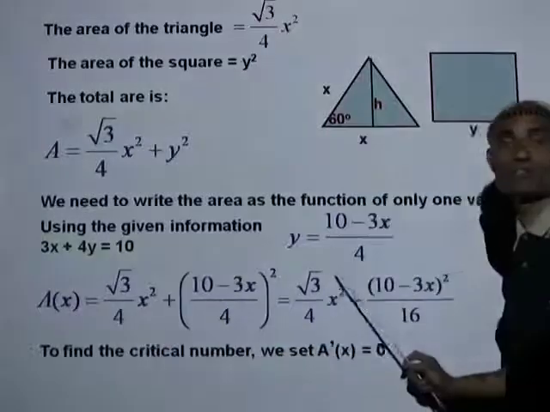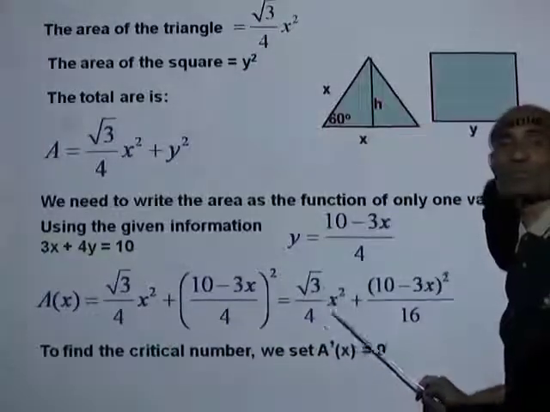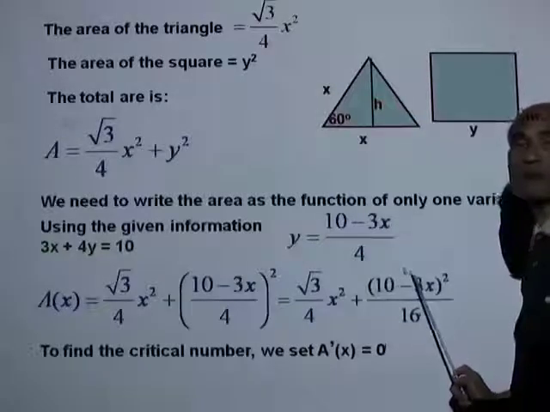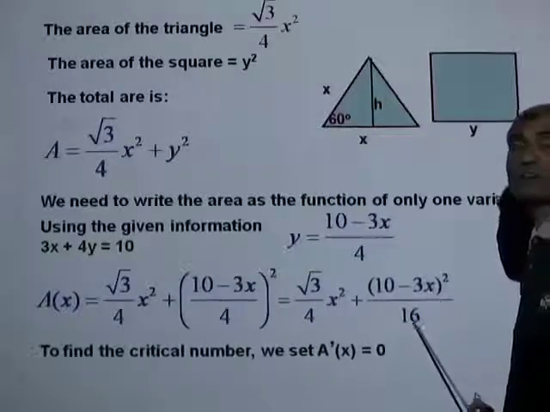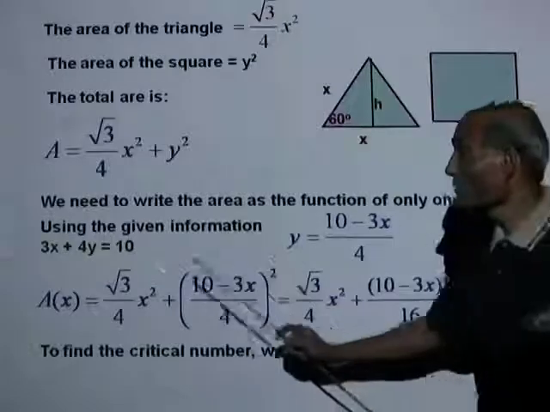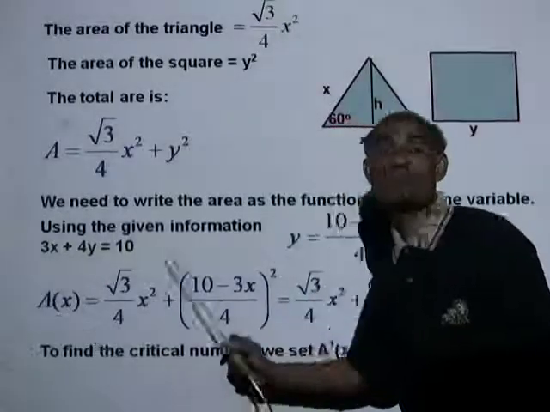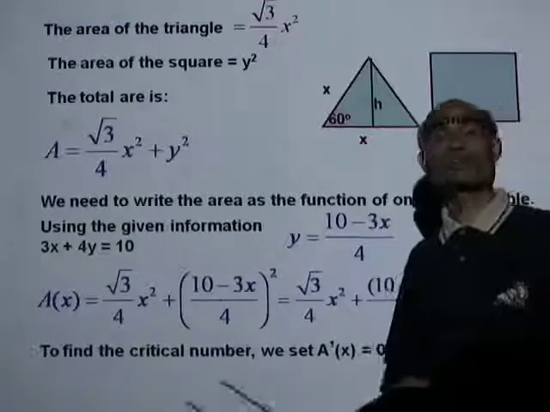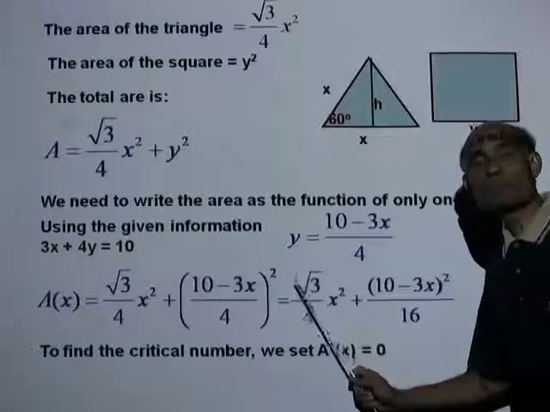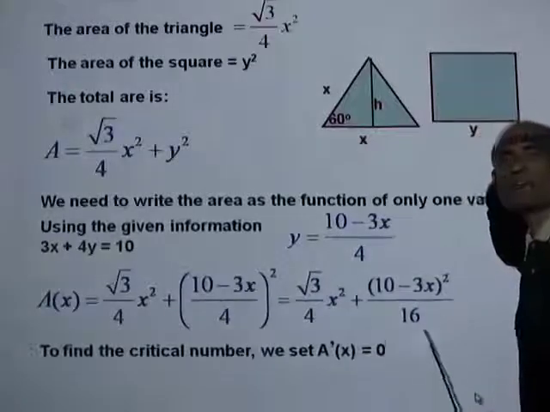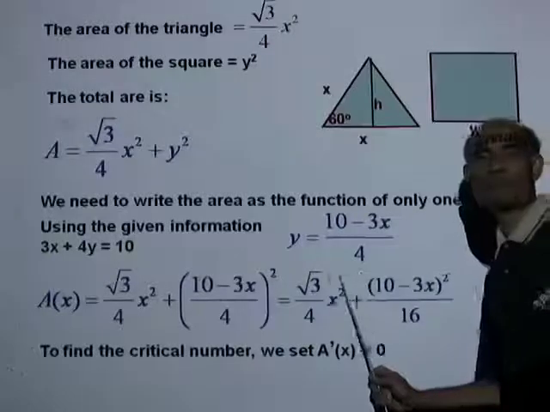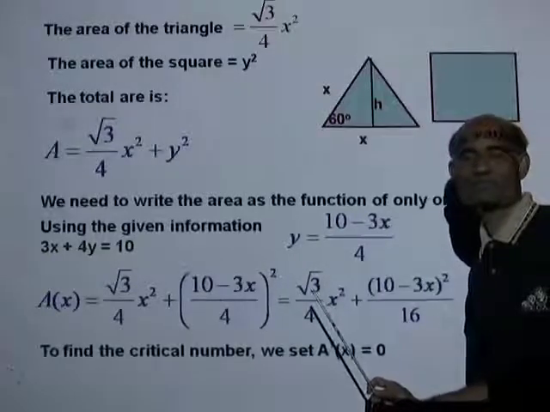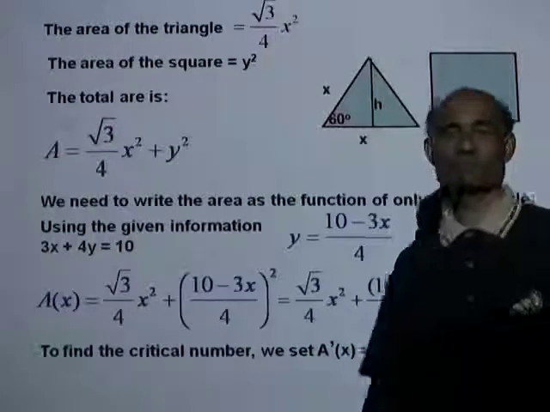A of x equals square root 3 over 4 x squared plus 10 minus 3x all squared over 16. We find the derivative of this, set it equal to 0, and solve for x. Can you stop the video now and find the derivative of this quantity? Alright?